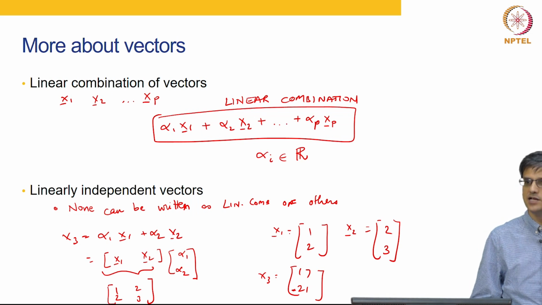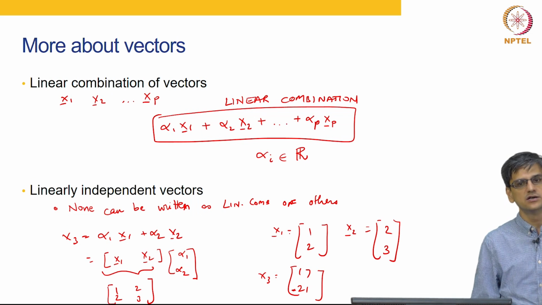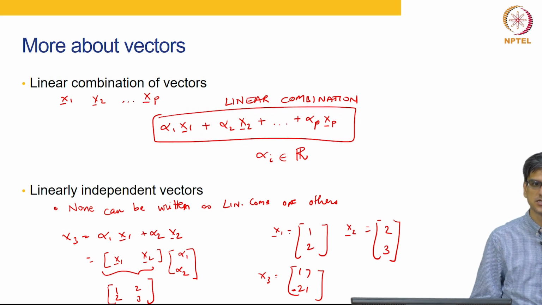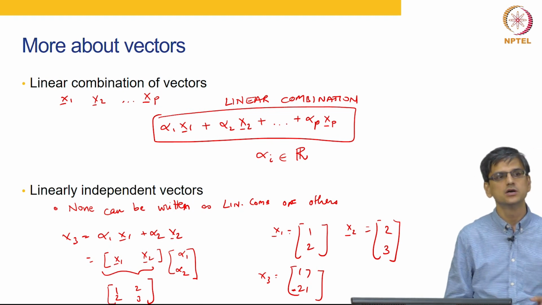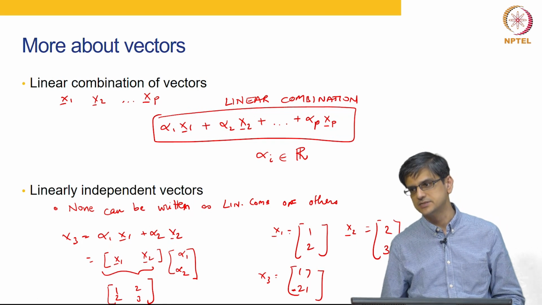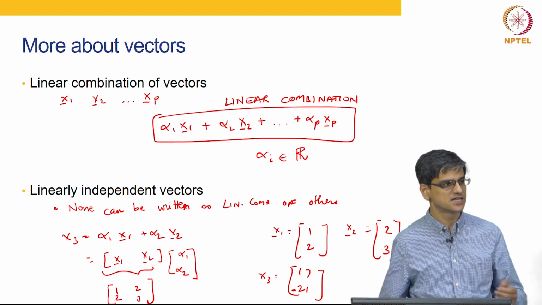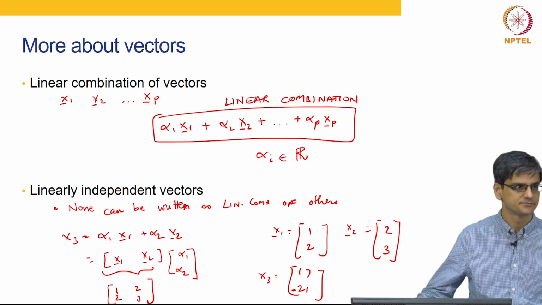If you had n dimensional space, then you can have at most n linearly independent vectors. If you have n plus 1 vectors, at least one of them is going to be linearly dependent on the rest, or can be expressed as linear combination of the rest.